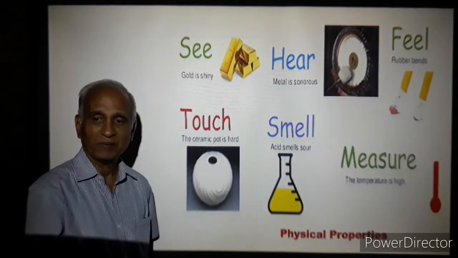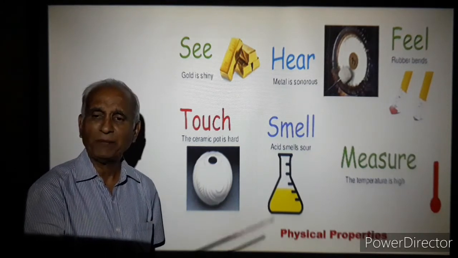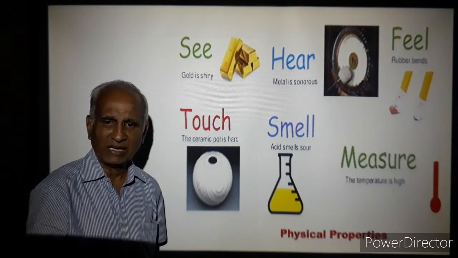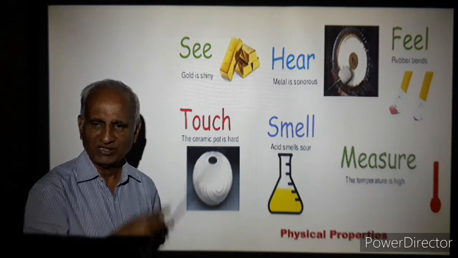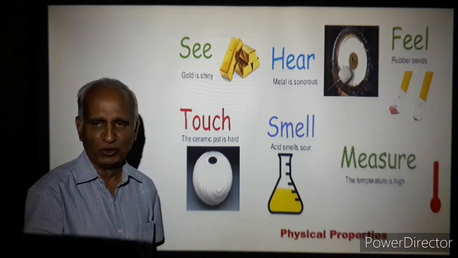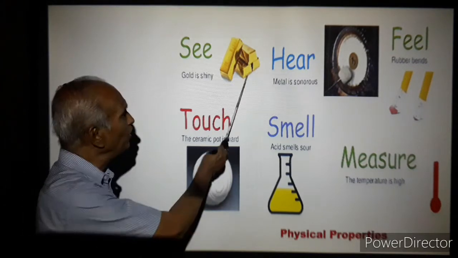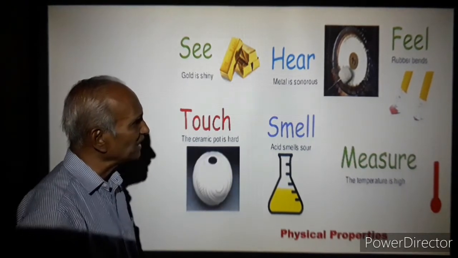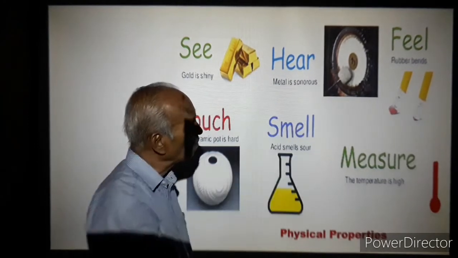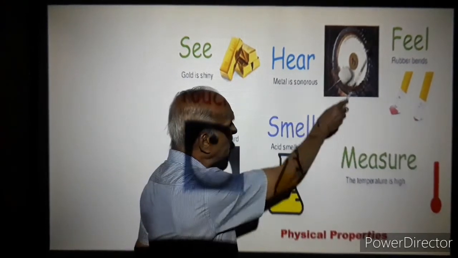It's a physical attribute. That physical attribute gives us the clue that it must be gold, and you have to find it out. Whatever it be, gold is shiny and it's a physical feature. Here you have a drum here.